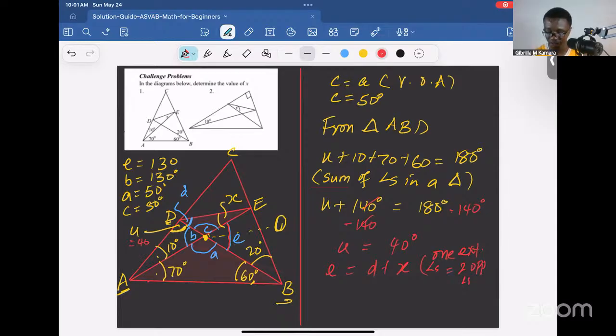So meaning your D plus X is equal to, remember your E is 130 degrees. So that's equation 1, okay?